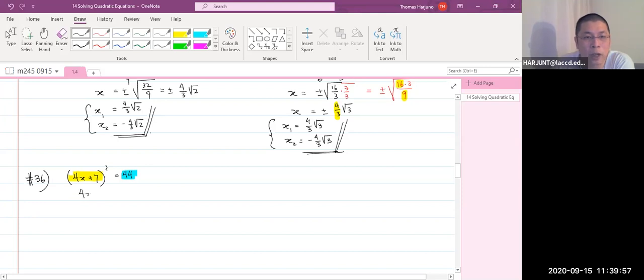That's 4x plus 7 equals plus minus square root of 44, which is plus minus 2 square root of 11. Then subtract by 7. Divide by 4.